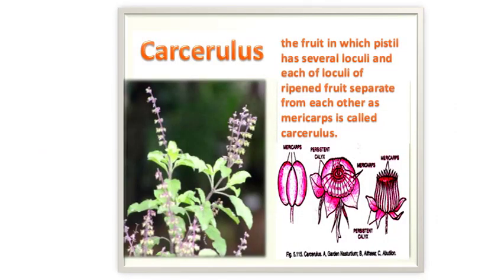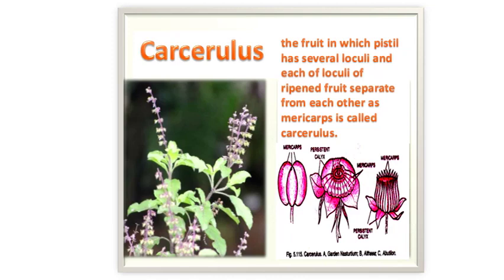So the next one is carcerulus. So carcerulus is a fruit in which the pistil has several loculi, and each of the loculi of the ripened fruit separates from the others as a mericarp. So when the schizocarpic fruit matures, it converts itself into mericarps.